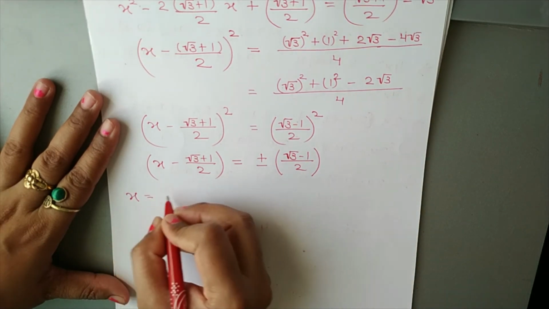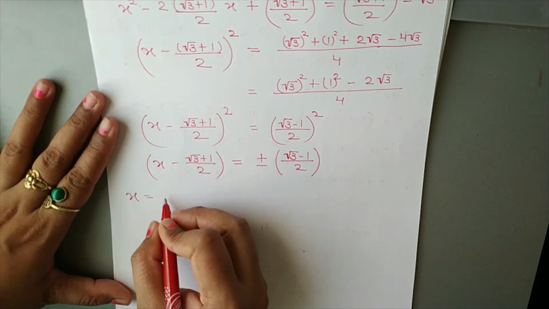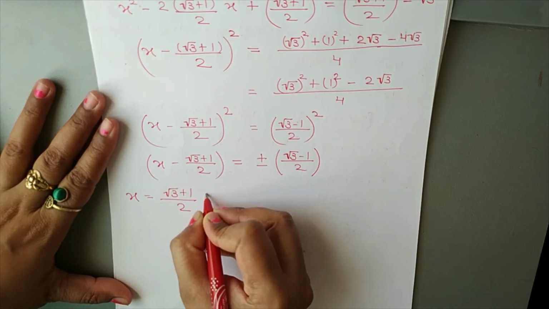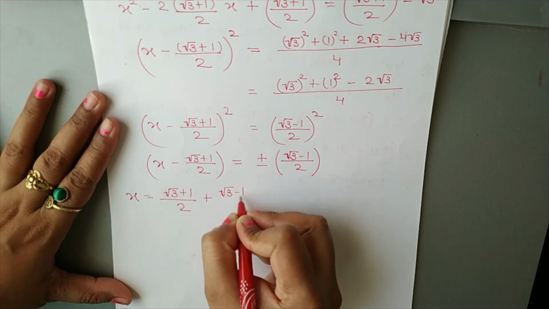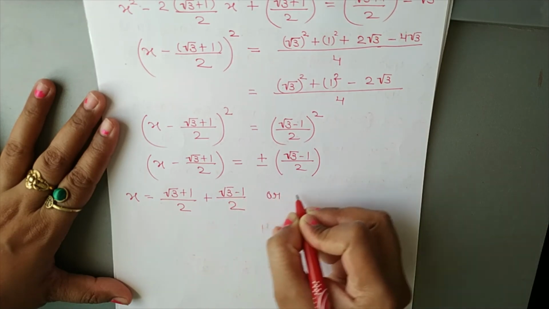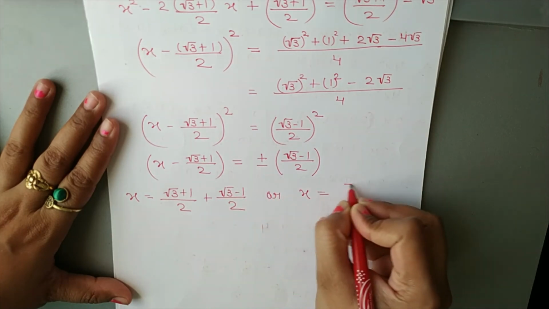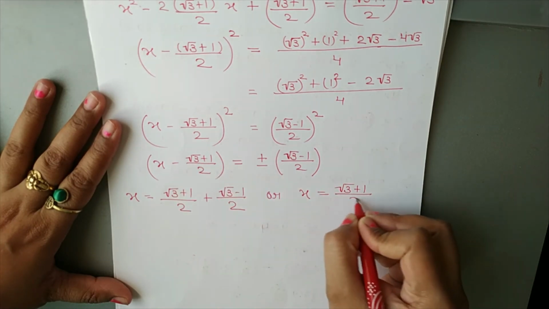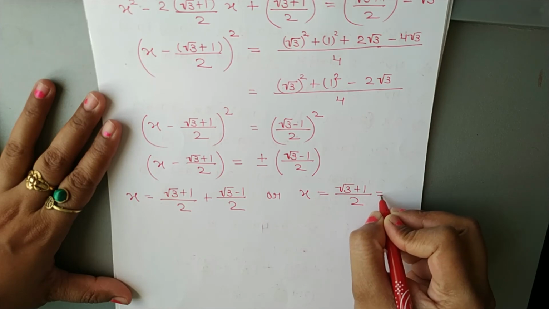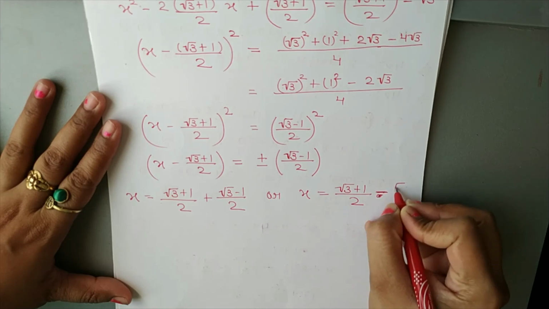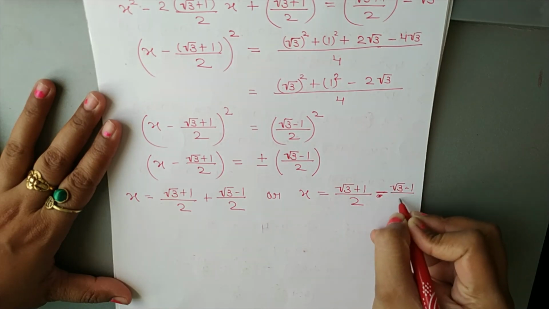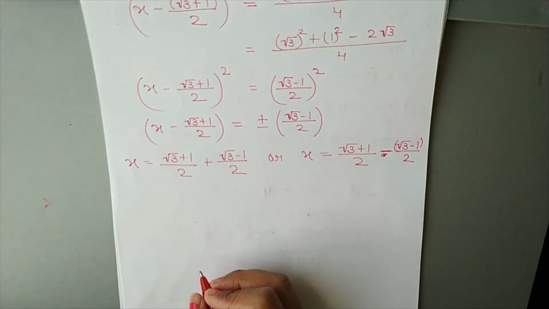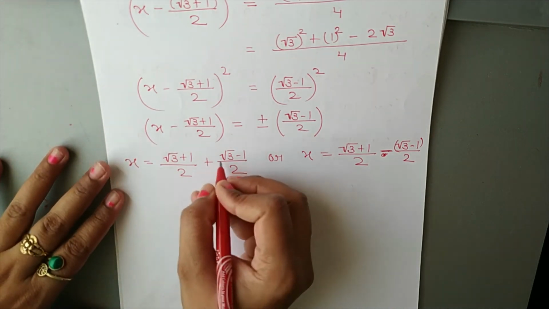x = (√3 + 1)/2 + (√3 − 1)/2, or x = (√3 + 1)/2 − (√3 − 1)/2. Then take the LCM. Here the denominators are the same, so we just add.